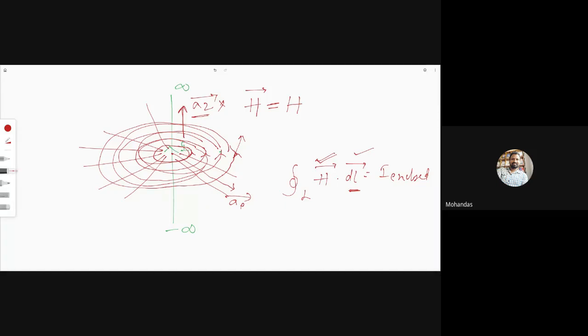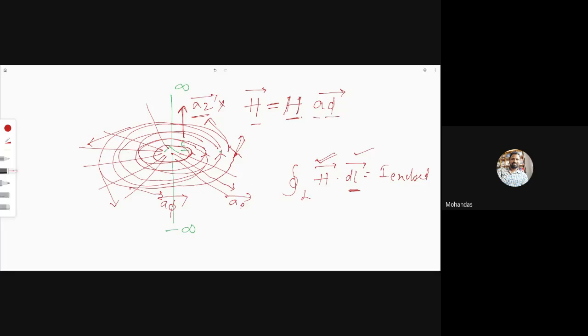What is that unit vector in this direction? A5, sir. Yes, you should write A5. This is an unknown quantity. The magnitude of magnetic field intensity is unknown, so that is the reason I took only H. It is in the direction of A5.